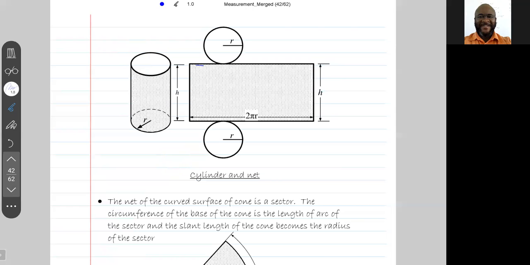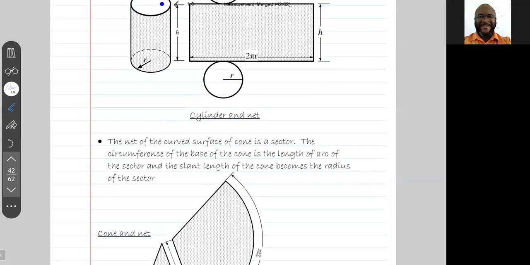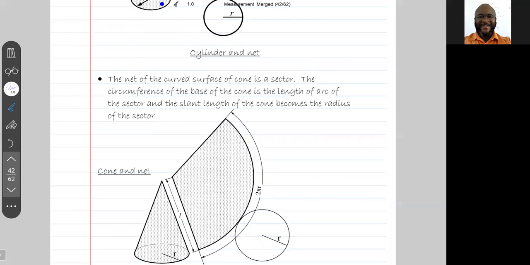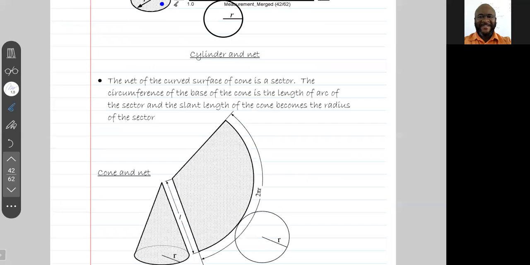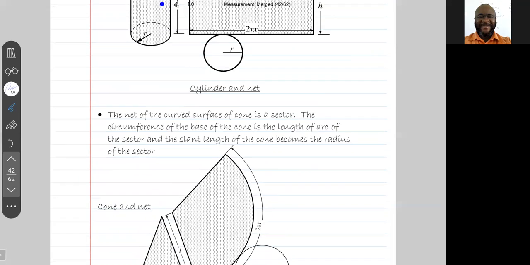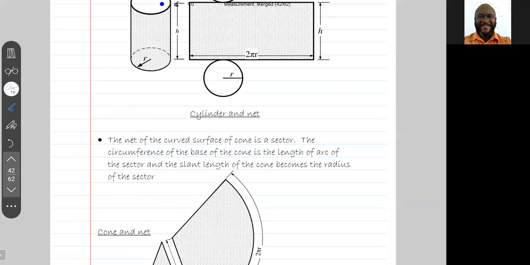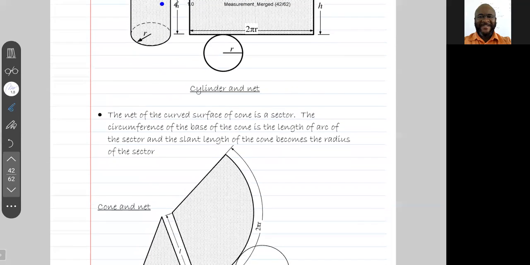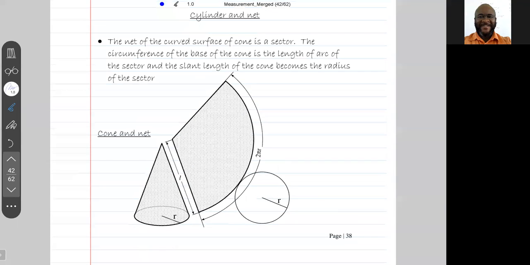Guys, let's talk about the net of a cone. Now, oh, we don't reach the cone yet. Let's go back up. This says the net of the curved surface of a cone is a sector.